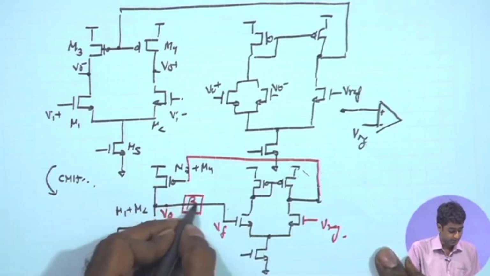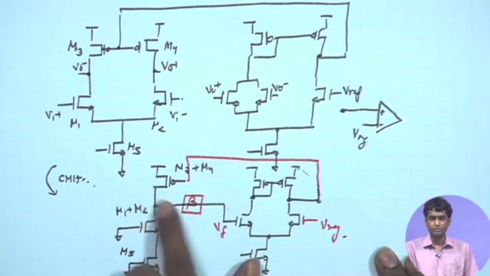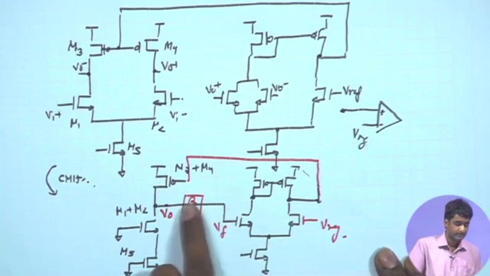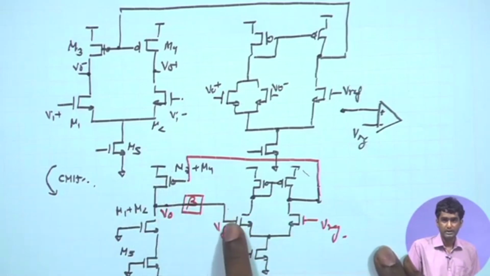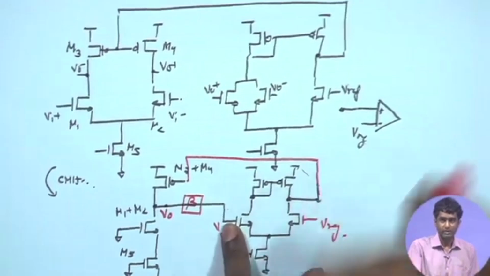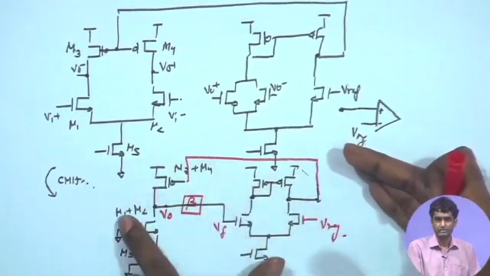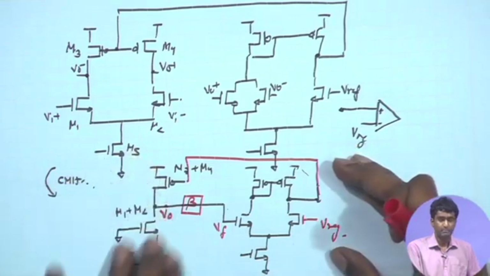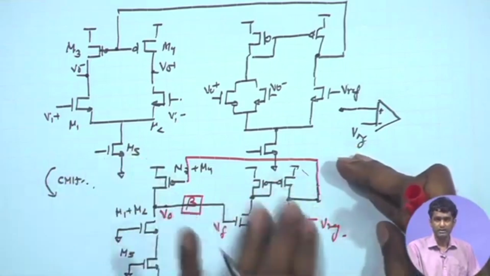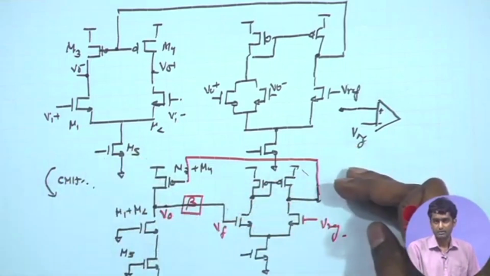So, here is our sampling network, which is sampling the output voltage produced by the second stage, and it is applying that sampled output voltage to the effectively inverting terminal of this overall two stage amplifier formed with the help of the main differential amplifier and the common mode feedback amplifier.